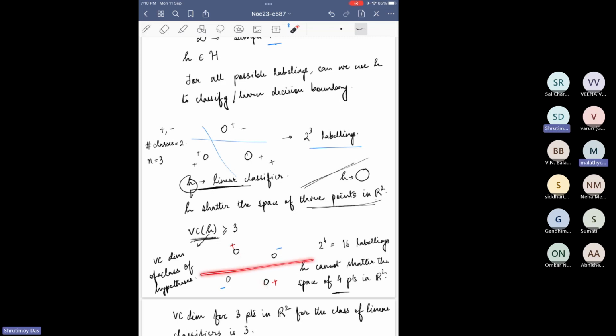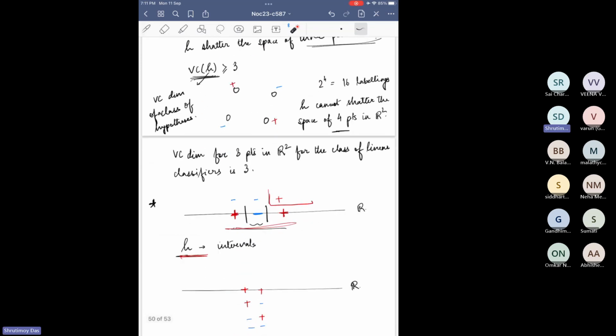Now we cannot draw a line such that it can separate this into positive class and negative class. So we say that your linear classifier cannot shatter the space of 4 points in R2. That means it can shatter at most 3 points in R2. So we can say that the VC dimension of this linear classifier is 3.